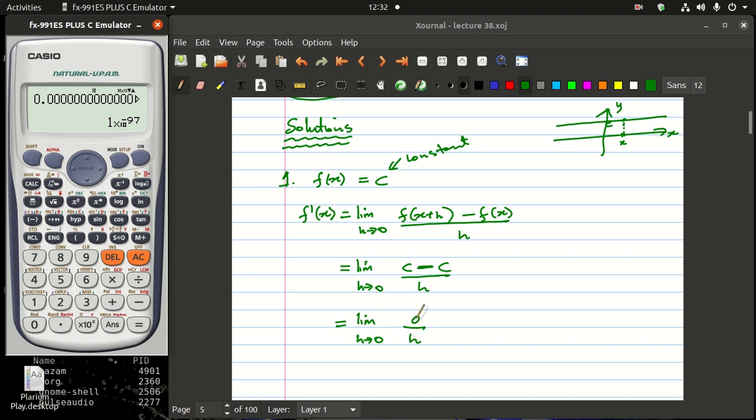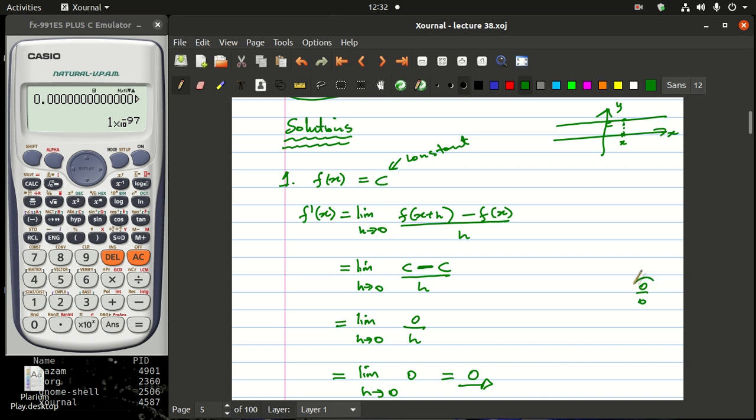So if I take 0 divided by any number, as h approaches 0, 0 divided by h is going to be 0, and of course the limit of a constant is always going to be that constant. The reason I'm explaining that you can always divide with that is because I know that whenever I have 0 over 0, there are ways to deal with that limit, or when I have a number over 0, there is one way to deal with that.